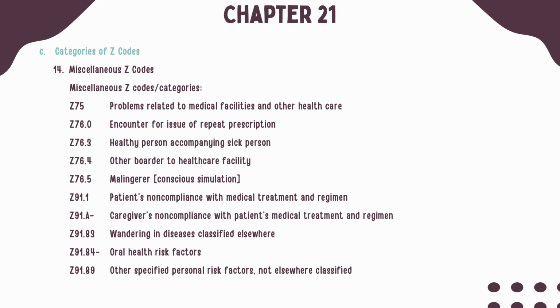This code should be secondary to the underlying disorder that is present, such as Alzheimer's or intellectual disabilities. Subcategory Z91.84 is for use for oral health risk factors, such as the severity of dental caries or cavities. And code Z91.89 is for other personal risk factors that do not fall in other subcategories.